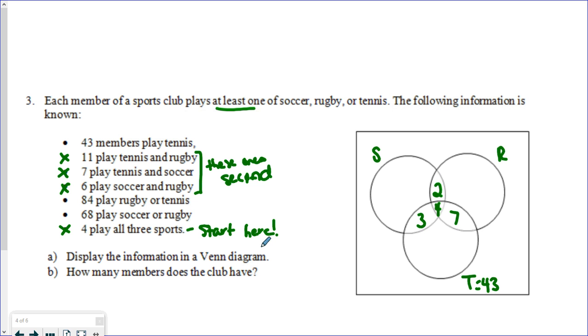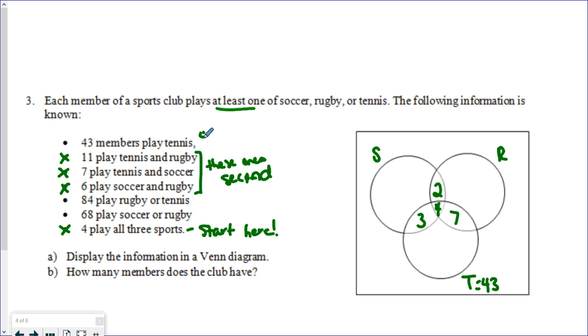So we can't do this one. It says 68 play soccer or rugby, but we have 2 unknown spots right now. So we can't go to that one yet. 84 play rugby or tennis. Again, can't do that because we have 2 unknowns. So up to that first one, it says 43 members play tennis. So we know that this whole circle for T needs to be 43.